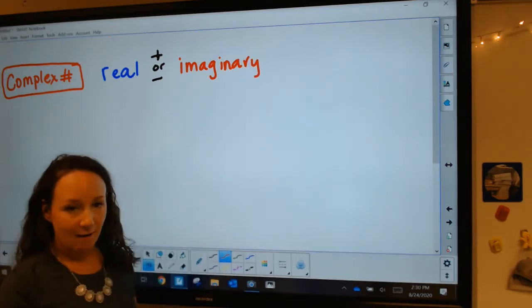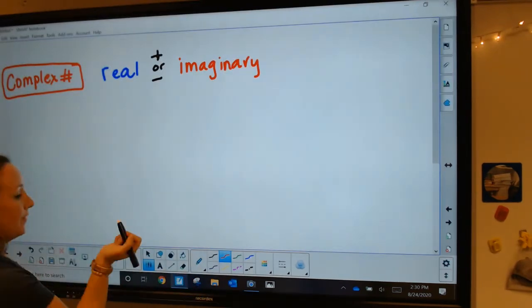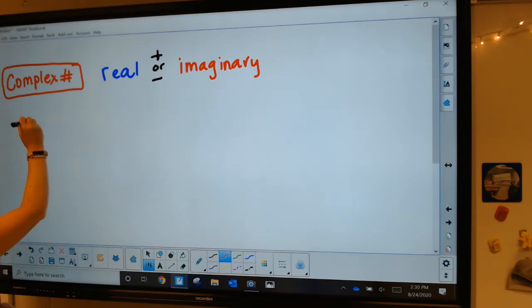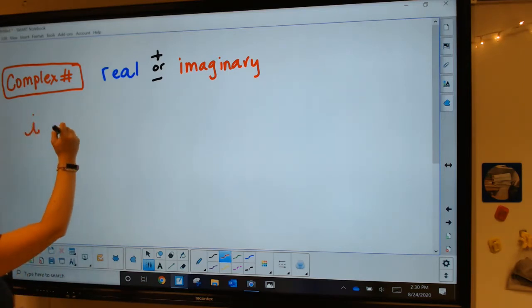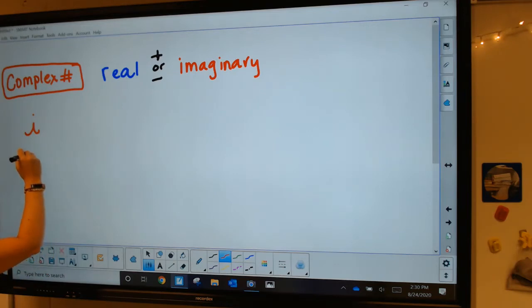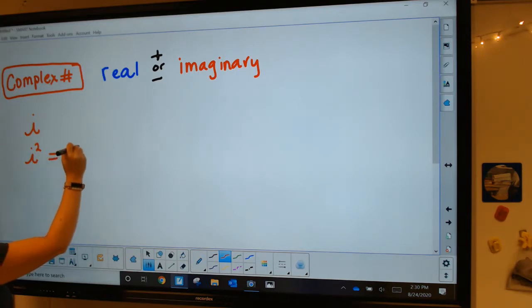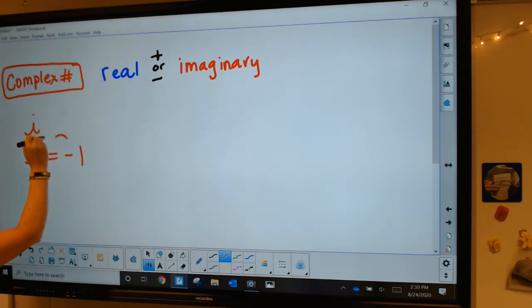That's what makes a complex number. We have I. And today, we are going to see I squared, which we are going to turn to a negative 1.